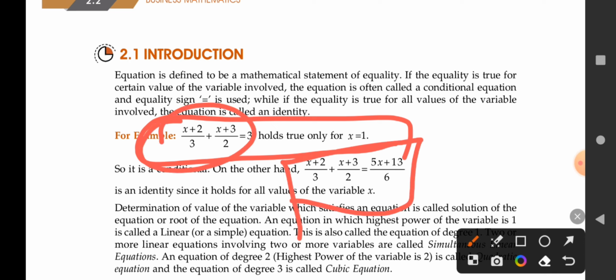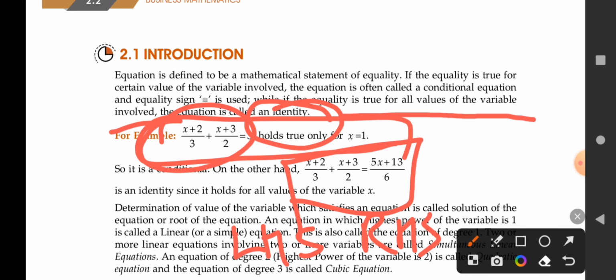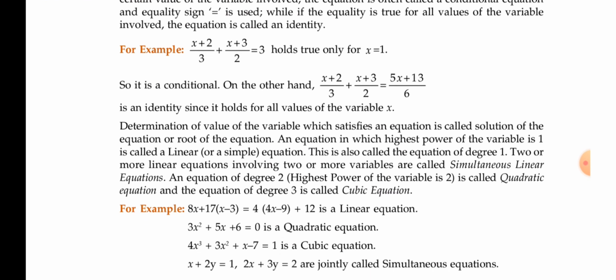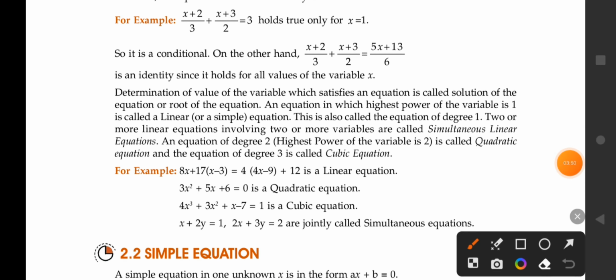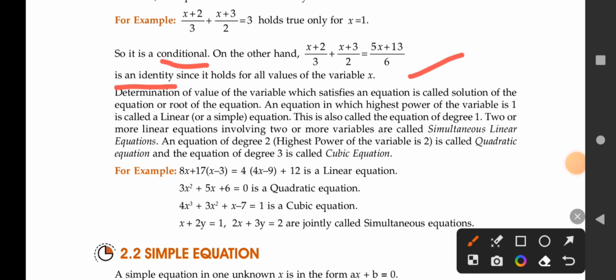However, in this equation, any value of x put on the left hand side or right hand side, you will get the equation as true. That is, if it is true for all the variables involved, then it is known as an identity. So this one is conditional and the second one is an identity.